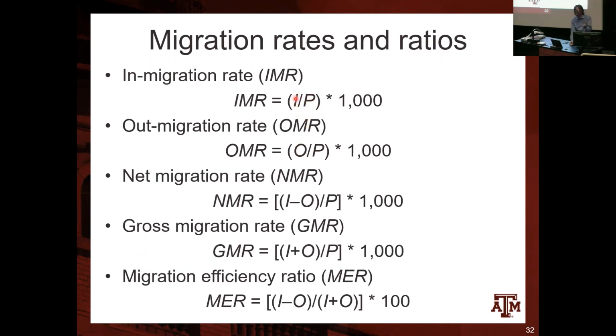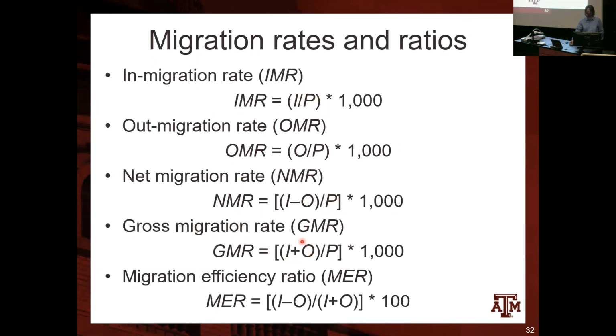But that's an easier measure of migration, taking into account the size of population in the area of destination. Net migration rate is number of in-migrants minus out-migrants divided by the population. Again, the most correct population is that of the area of origin.